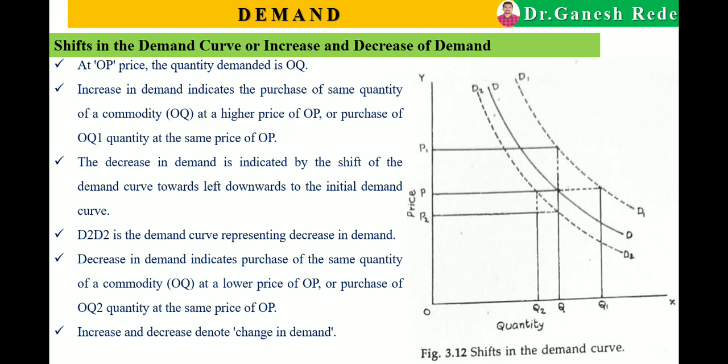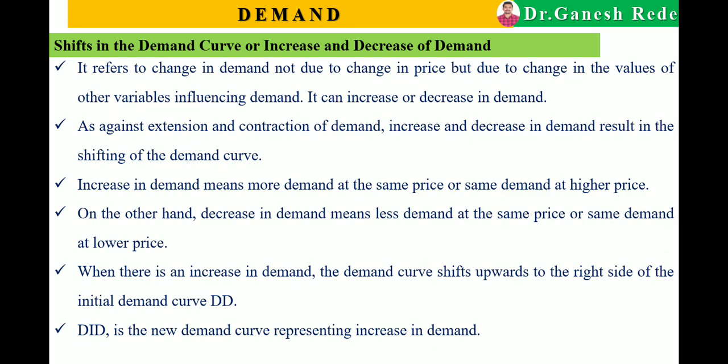Here there is a decrease in quantity demanded at the same price, or the same quantity at a lower price, that is a decrease in demand. So when there is an increase in demand, the demand curve shifts to the right side. If there is a decrease in demand, the demand curve shifts to the left side.